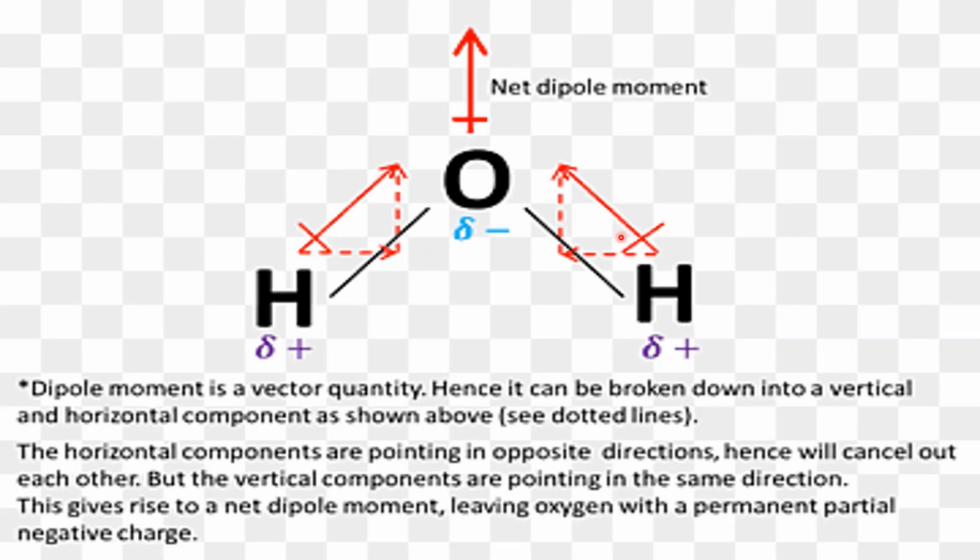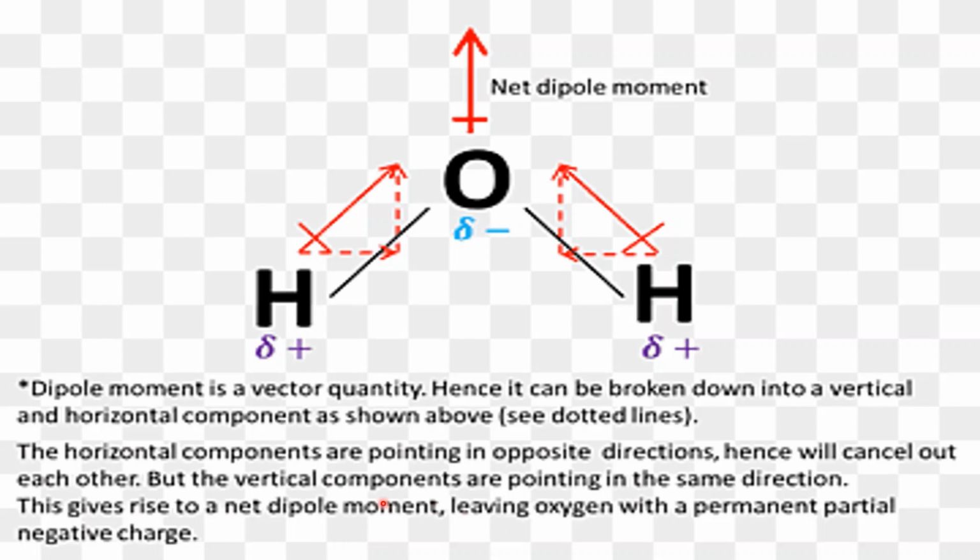It can be divided into two components. This one is the horizontal component, and this one is the vertical component. You can see the horizontal components are in opposite directions, one to the right and the other in the opposite direction. Pointing in opposite directions, they cancel each other out.